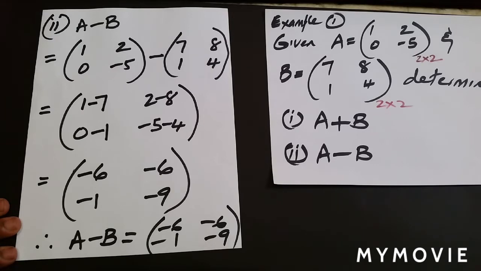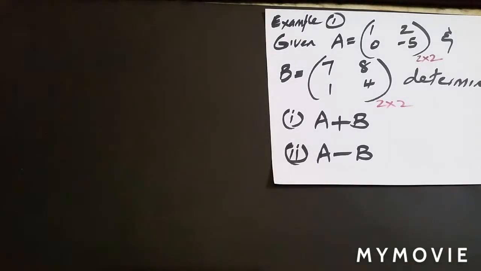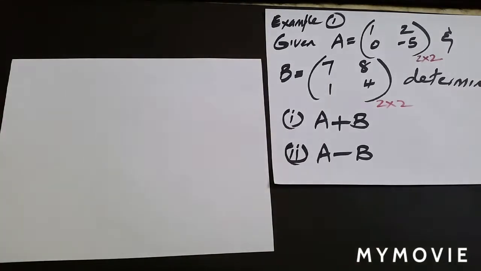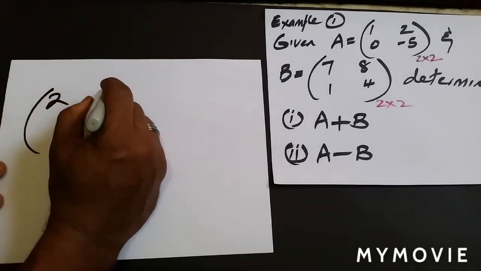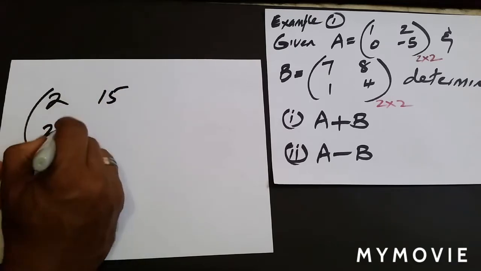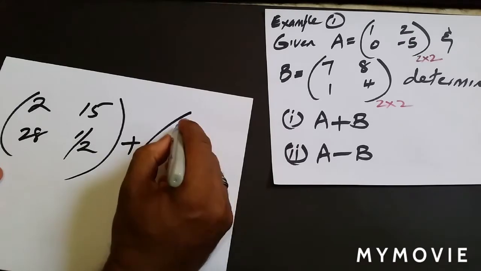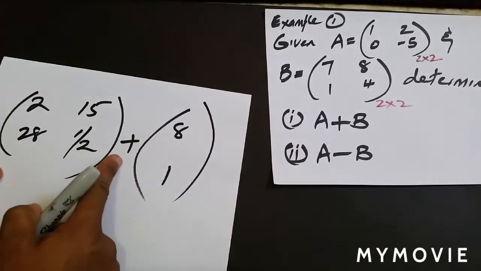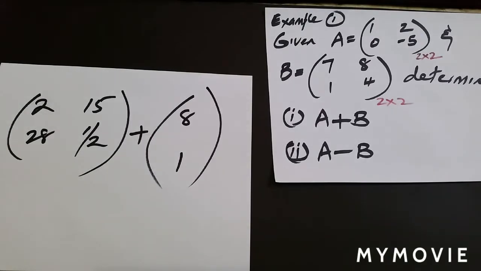All right. So again, matrices can only be added to each other or subtracted from each other if they are of the same order. You cannot add or subtract matrices if they're not of the same order. Let's just give a rough example for those persons not understanding that. If I have this matrix and somebody wrote this on a piece of paper and it's addition here, this cannot happen simply because they are not of the same order.